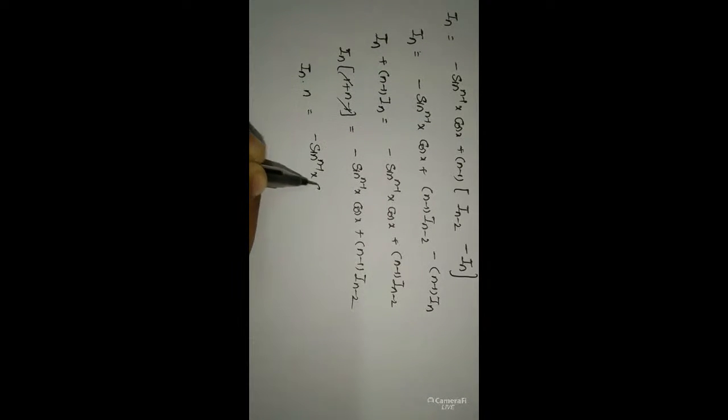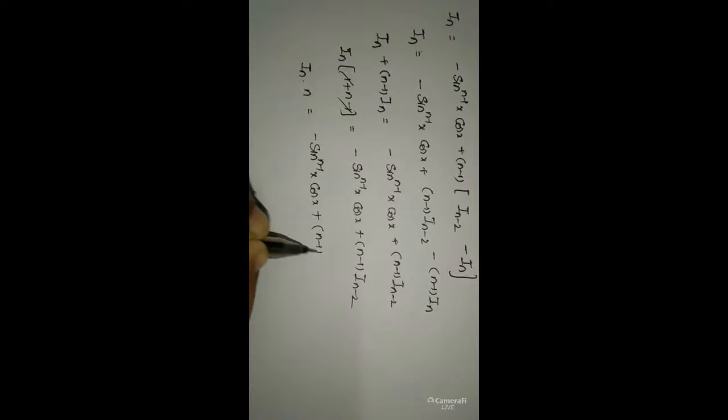So this is n into In is equal to minus sin^(n-1) x into cos x plus (n minus 1) into I(n minus 2). Therefore the value of In is equal to minus sin^(n-1) x into cos x by n plus (n minus 1) by n into I(n minus 2).